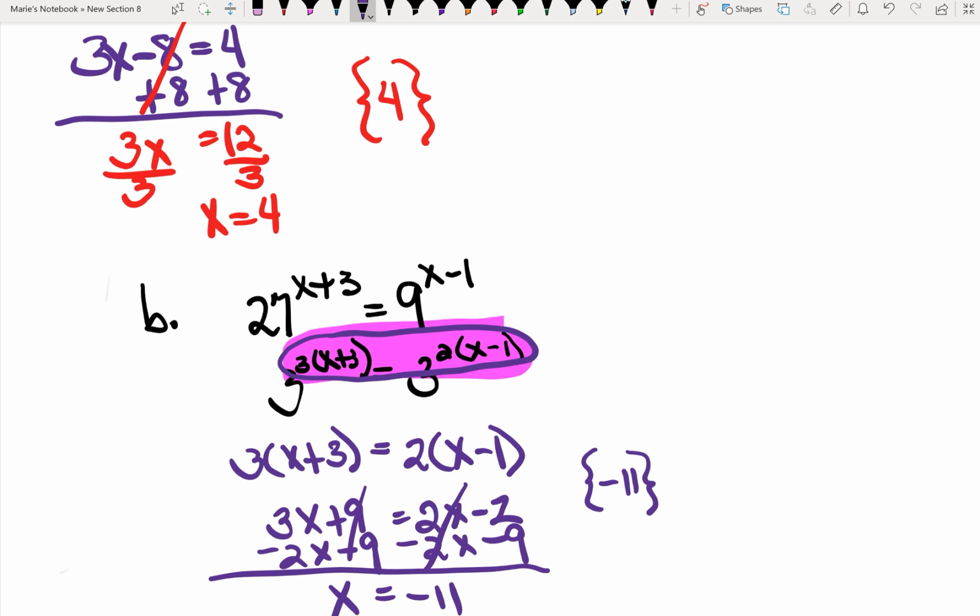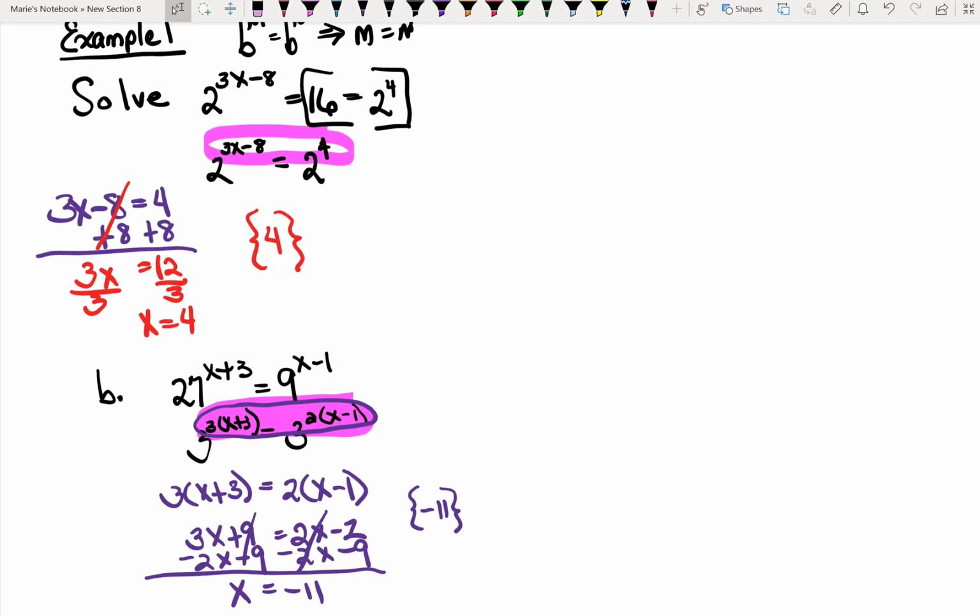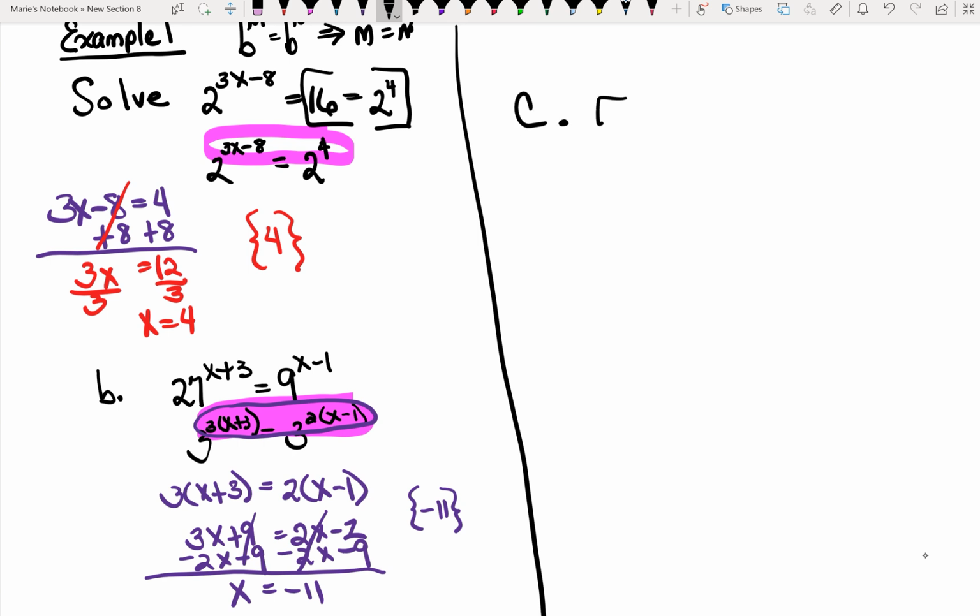So I would like for you to take a look at these two and then give this a try. I'll give you a couple of minutes to answer these. And I'm going to give you, let's call these C and D respectively. So this will be 5 raised to the 3x minus 6, and this is equal to 125.